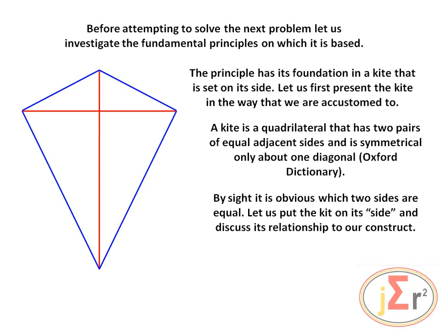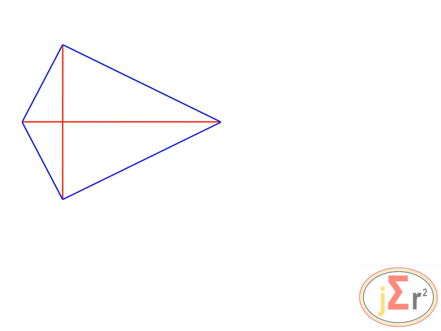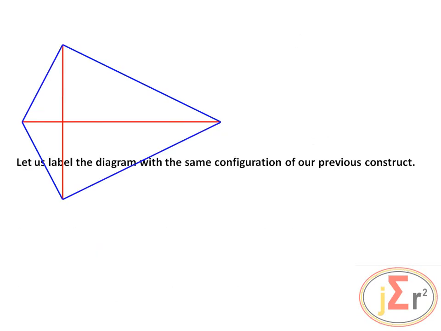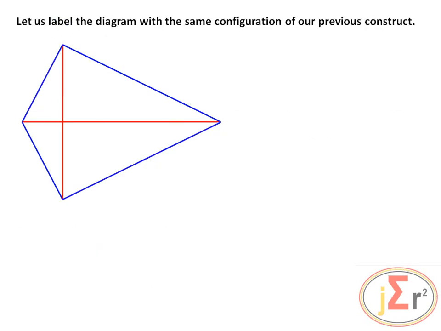Let us put the kite on its side and discuss the relationship to our construct. So there is the kite on its side. So let us label the diagram with the same configuration of our previous construct. So we have a triangle A, B, C, right?